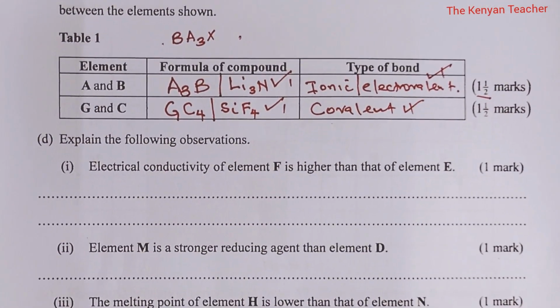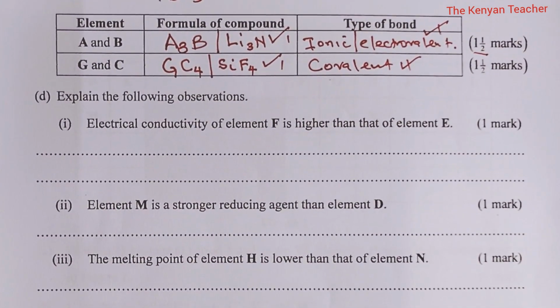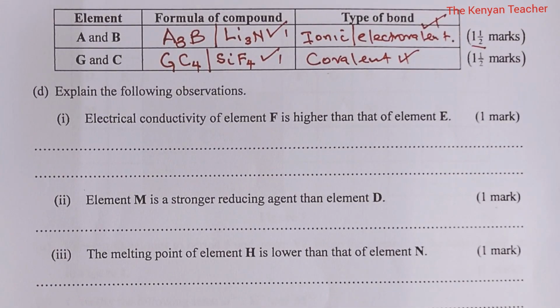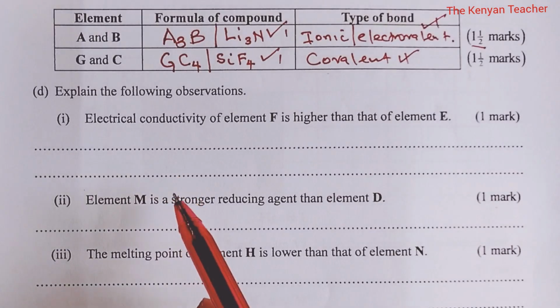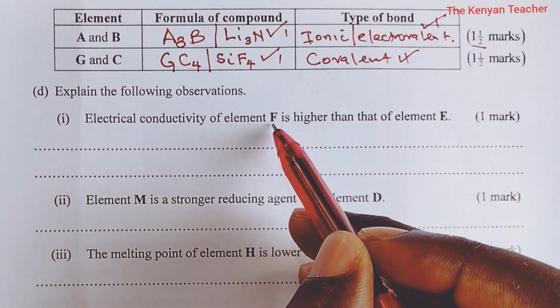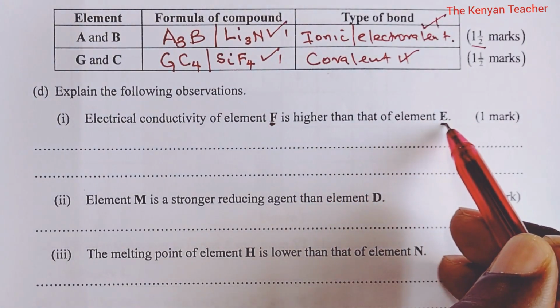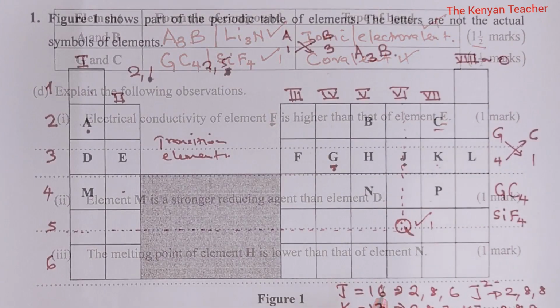Part D expected us to explain some chemical observations that we see in the elements that are there in the periodic table. Beginning with Roman 1, we want to explain why the electrical conductivity of F is higher than that of E. So once again, we need to refer back to our grid and see where F and E are.